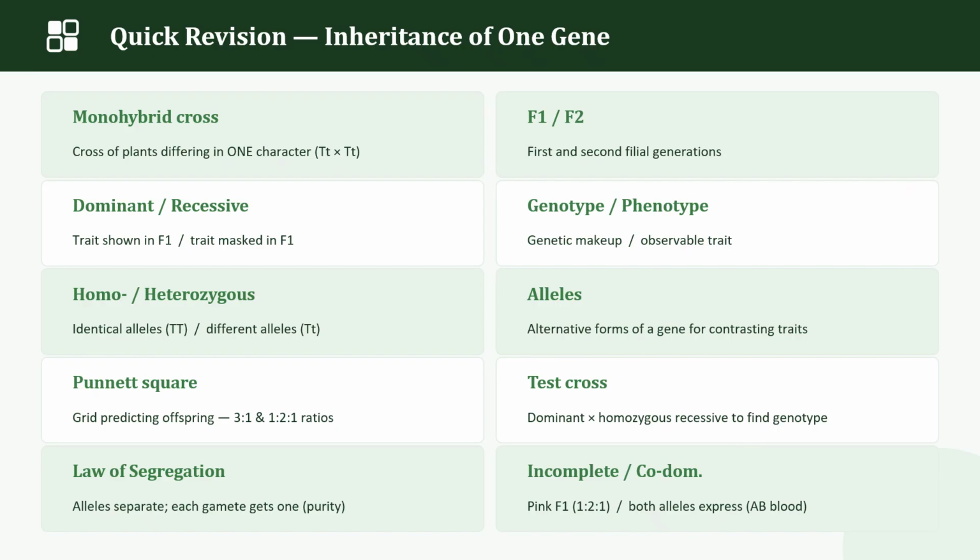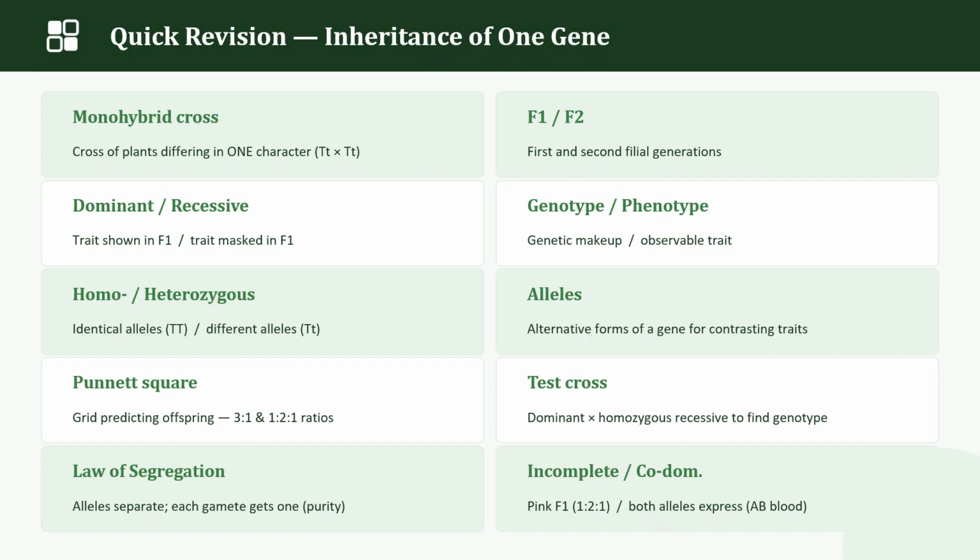Let's do a quick revision, children. Monohybrid cross studies the inheritance of one character, genes are the units of inheritance, and alleles are different forms of the same gene. Tall T is dominant over dwarf small t, and the F1 generation shows only the dominant character. The F2 phenotypic ratio is 3:1, and the F2 genotypic ratio is 1:2:1.